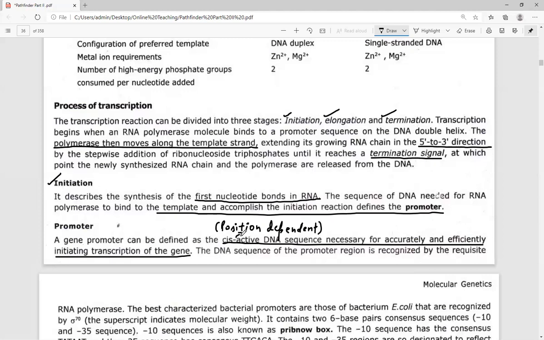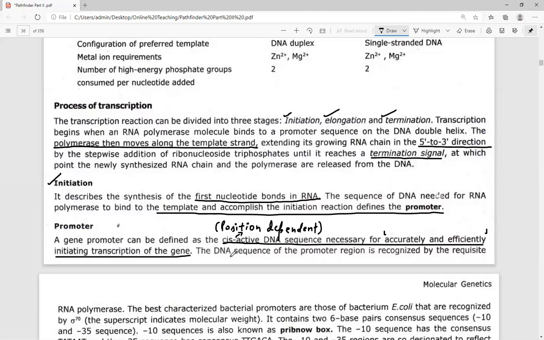A cis-acting DNA sequence means a position-dependent DNA sequence, which is necessarily required for the accurate and effective initiation of gene transcription. The DNA sequence of the promoter region is recognized by the requested RNA polymerase.